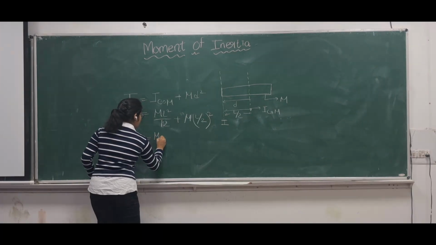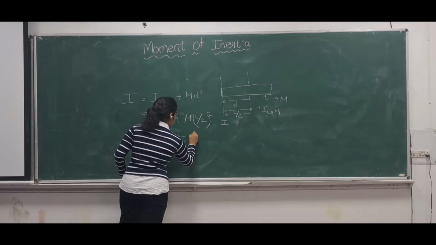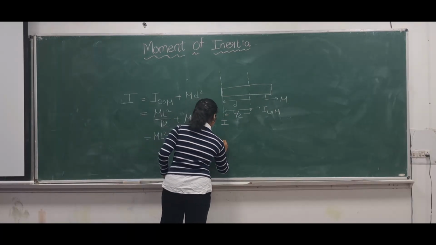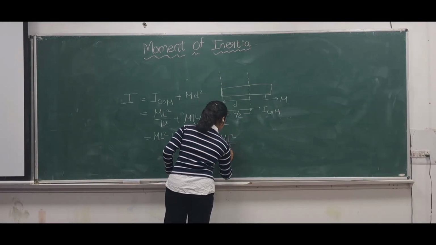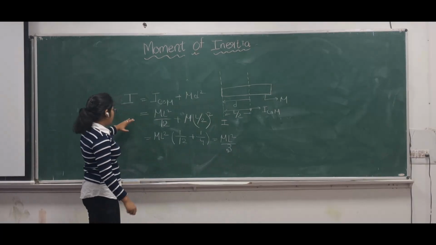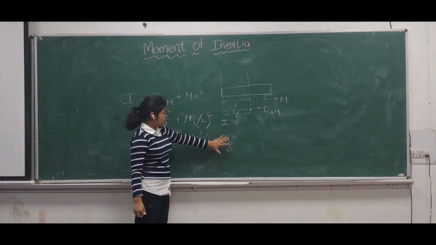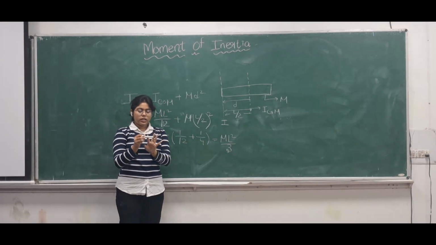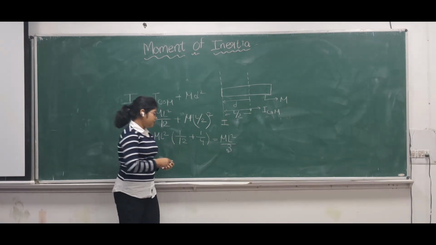Taking M L square outside, with 12 and 4 in the denominators, we get M L square by 3. So we use the parallel axis theorem and get the moment of inertia M L square by 3. It indicates that when the axis is shifted, the moment of inertia increases because of more mass being farther from the axis.